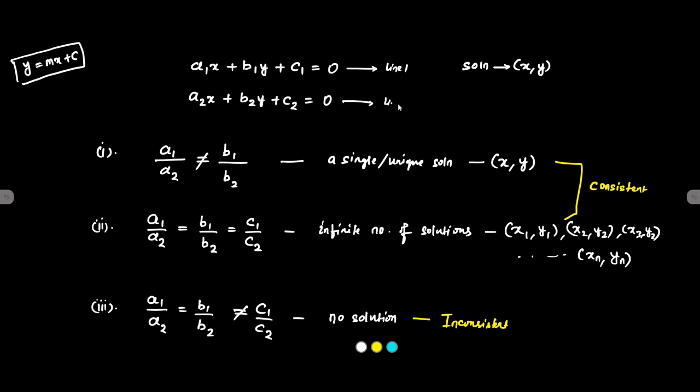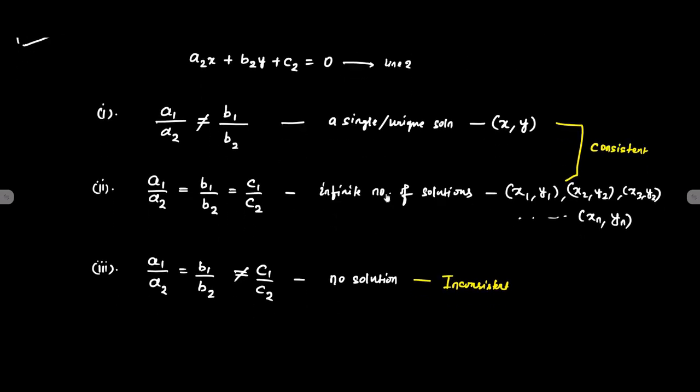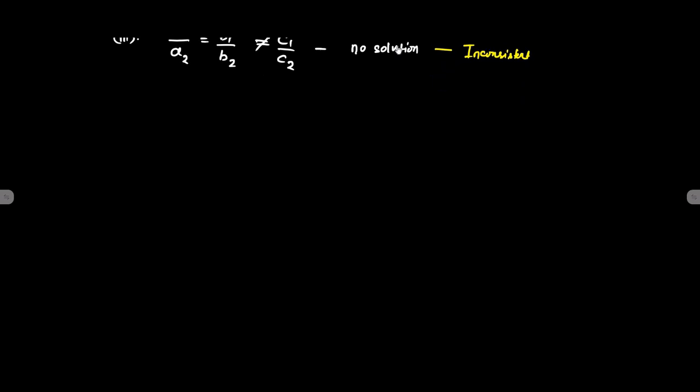Okay, line 1 and line 2. If I have to show the above three situations in a graphical manner, it will be something like this. The first case is the one in which there is only a single solution.